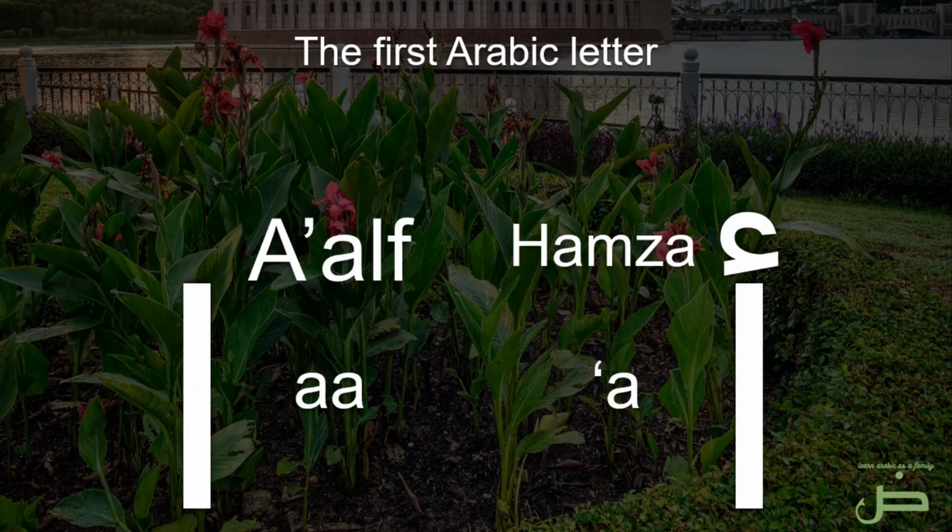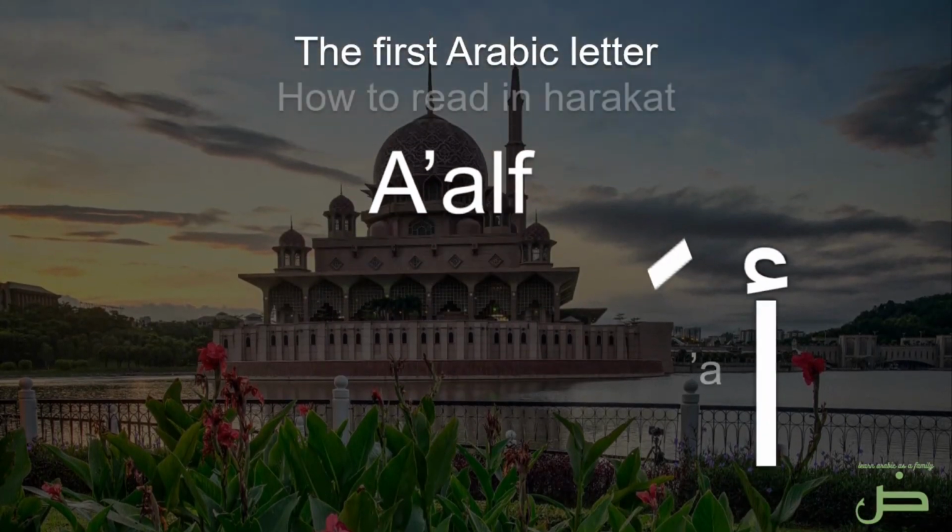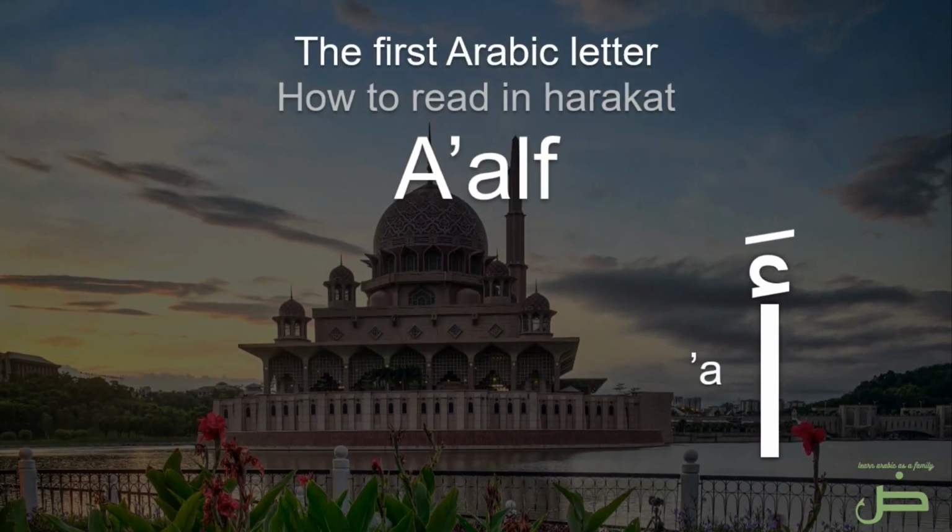Now let's learn how to read them with Harakat. Harakats are the little accents we put on top of the letters to make them easier to read. The first one is pronounced A. Let's say it together.